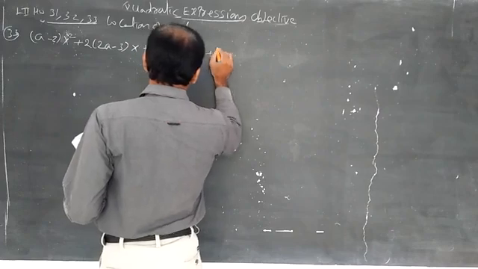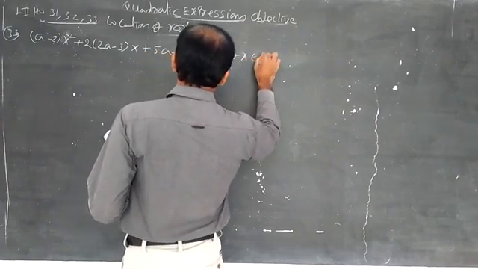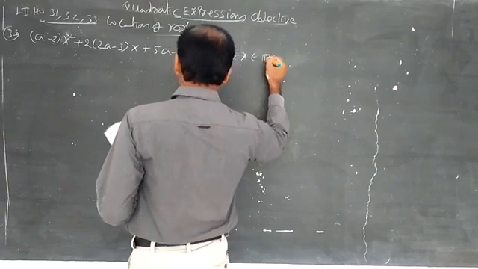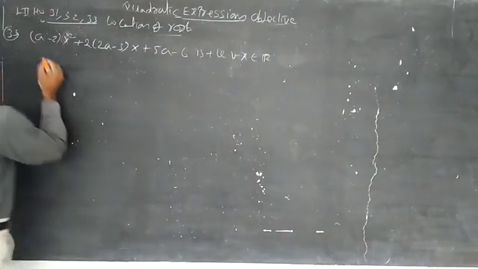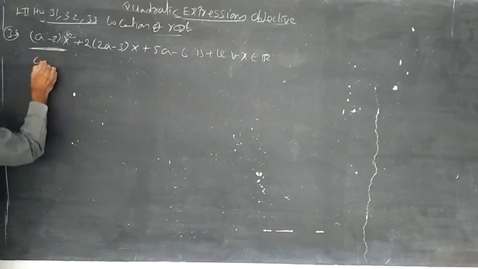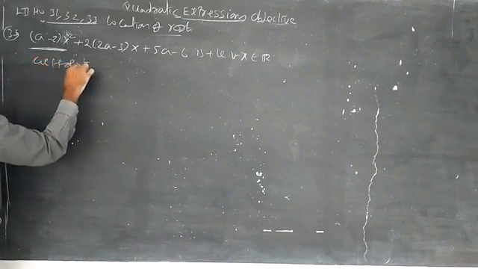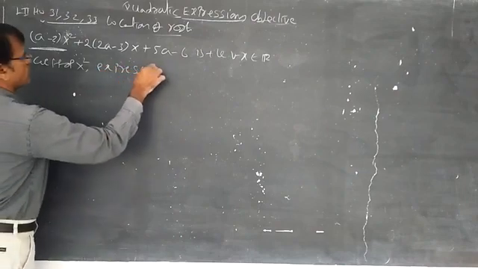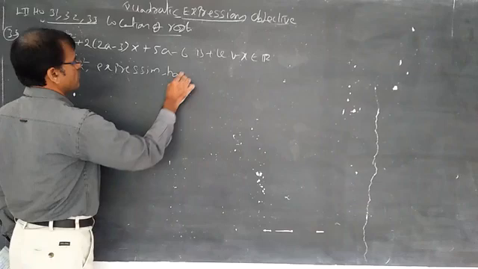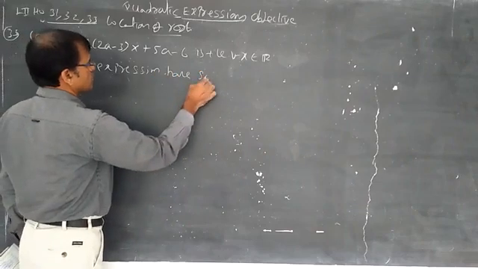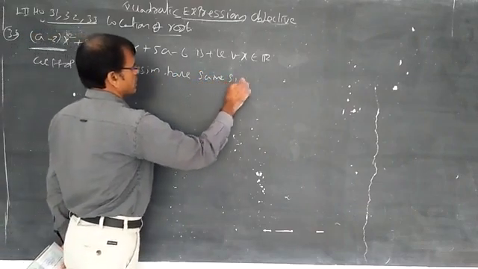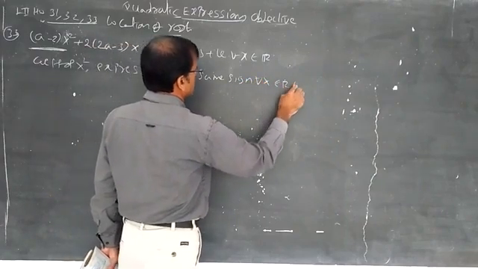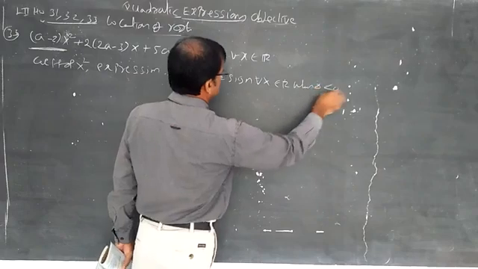Is positive for all x belongs to R. Plenty of times we have discussed that whenever it is positive for all x belongs to R, first you observe that the expression and x square have the same sign for all x belongs to R when delta less than 0.